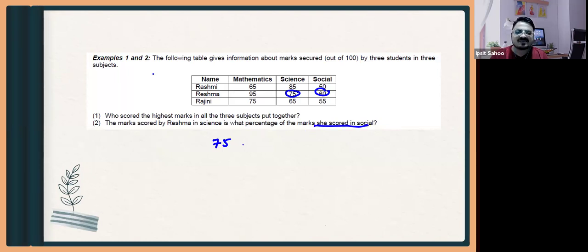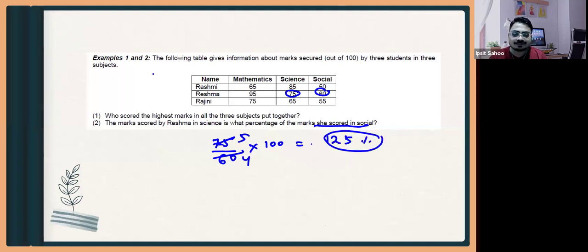That is, 75 is what percentage of 60? 75 on a base of 60 in percentage, how much is that? So I'll be multiplying by 100. This is nothing but 5 by 4, and 5 by 4 in percentage is 125 percent. You can cancel this and you'll get the answer. I hope it is clear to all of you. Is it clear? All of you, please answer this.